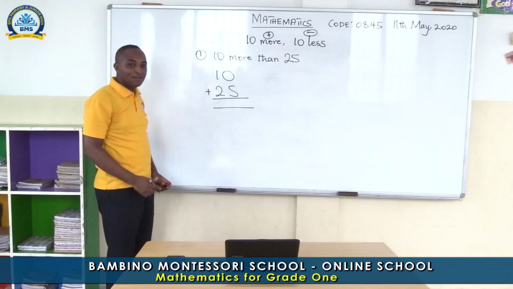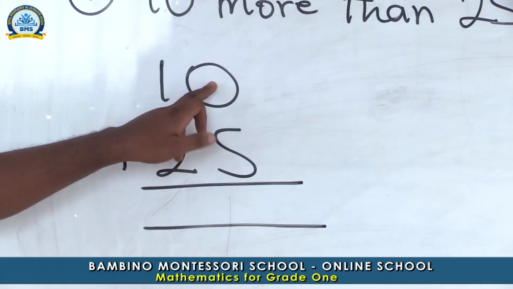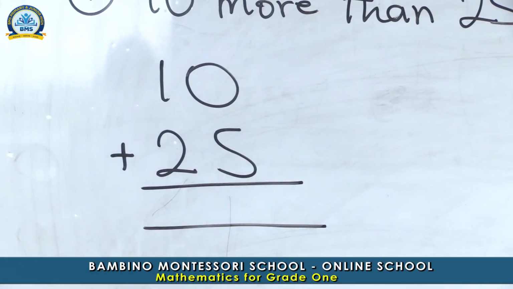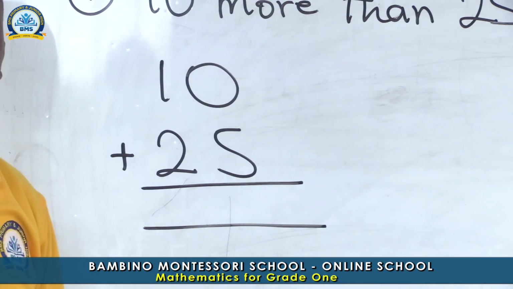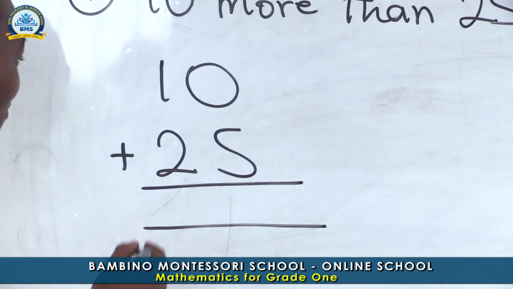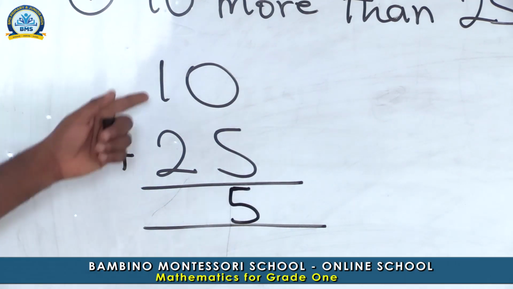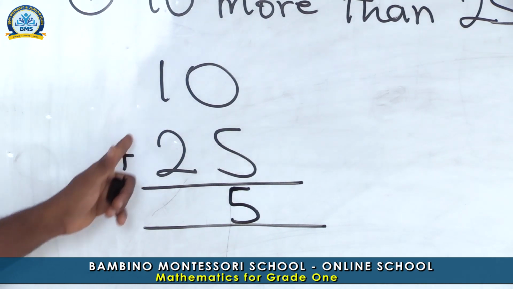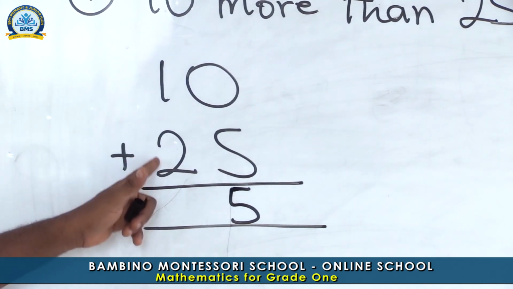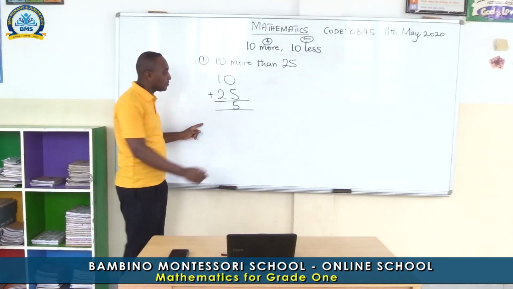So let's add. 0 plus 5. What is the answer? If you have 0 and you add it to 5, it's still 5, right? So you write your 5 here. Then the next one, 1 plus 2. If you add 1 to 2, what do you get?